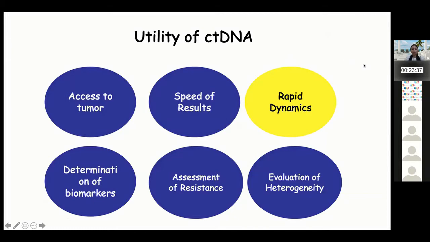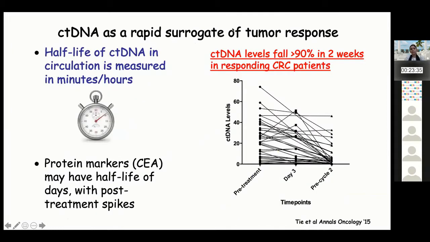Now, what about rapid dynamics? What do we actually mean by that? Well, when we look at ctDNA falls in a patient who is being treated with therapy, it may actually help you plan therapy. And we know that the half-life of ctDNA in the circulation is measured in minutes to hours. So it can actually give you real-time evaluation of how your patient is doing.